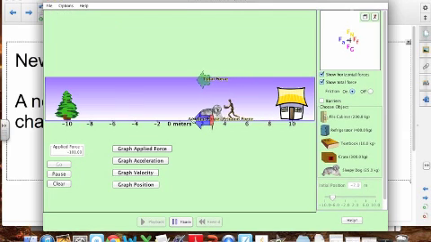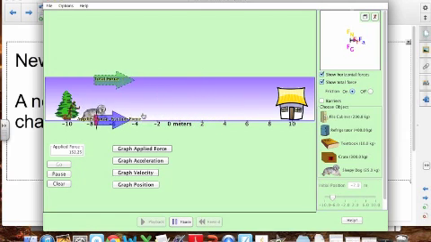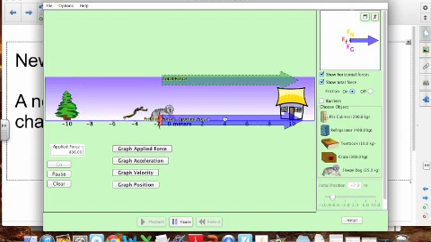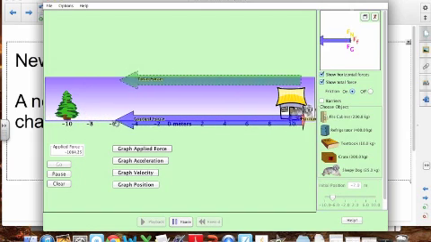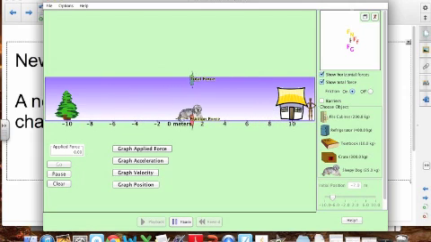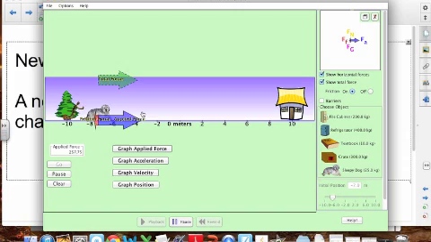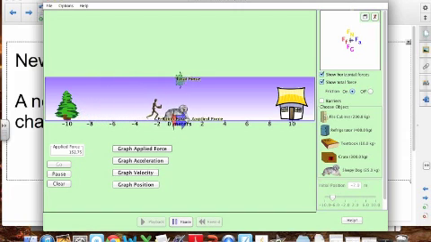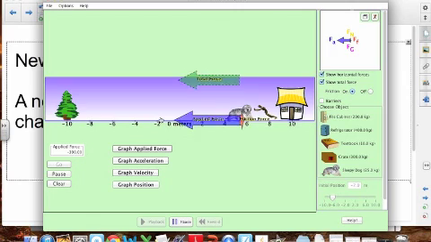Now notice that it's much easier to get the sleepy dog to move. It's much easier to change its velocity. Now why is that? Well, first of all, it's much easier to get a large net force acting on the sleepy dog.